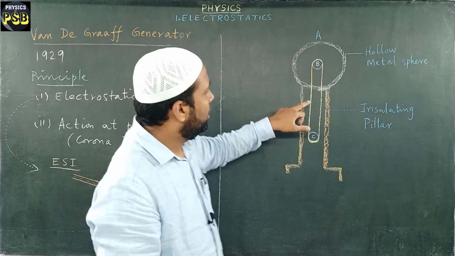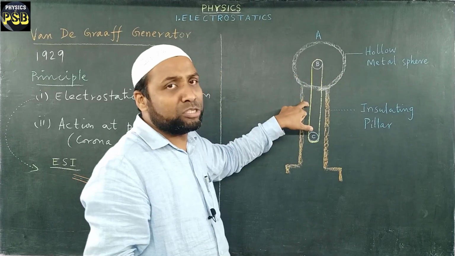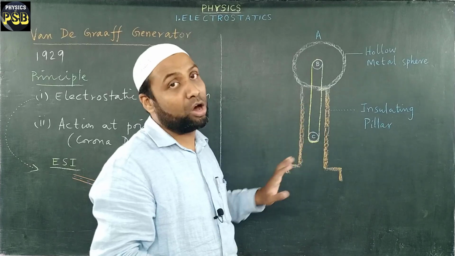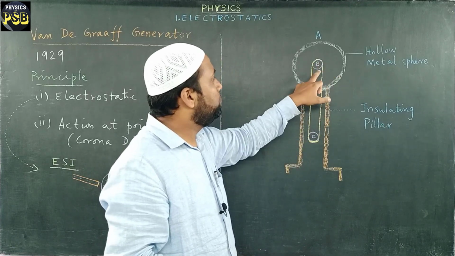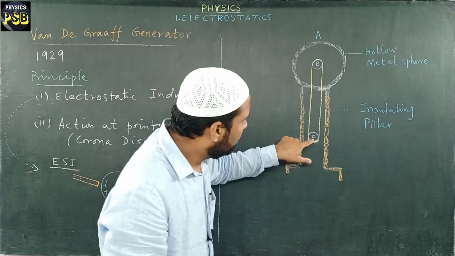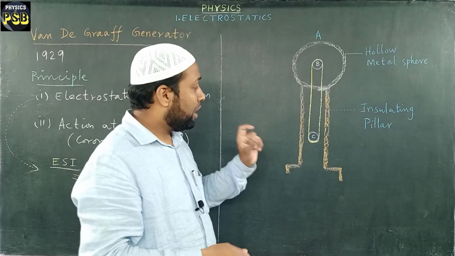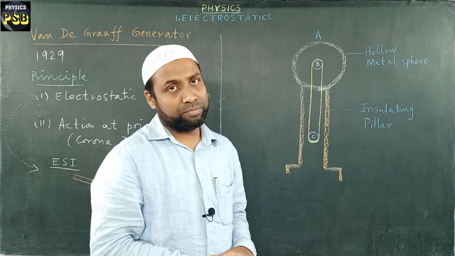I repeat, a belt made of insulating material like silk or rubber passes over these two pulleys B and C. Here, pulley C is attached to a motor.